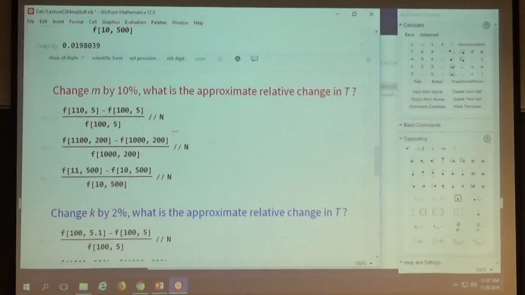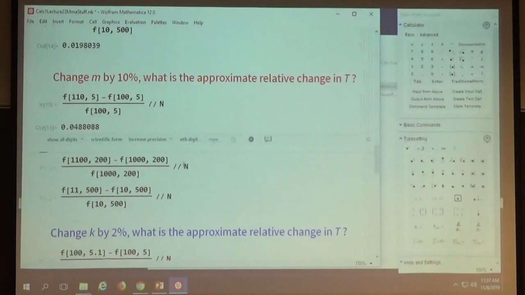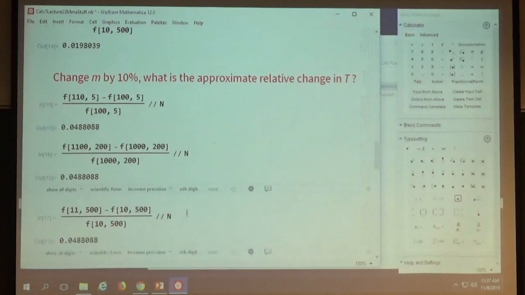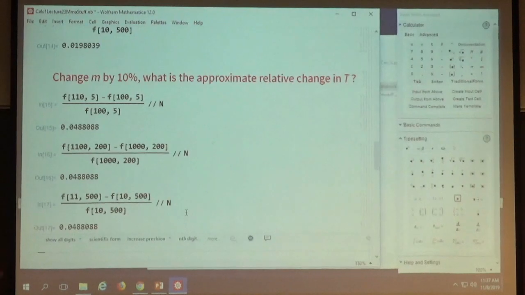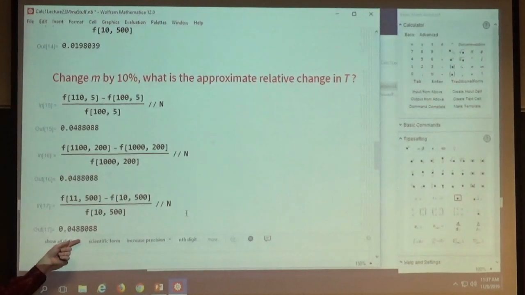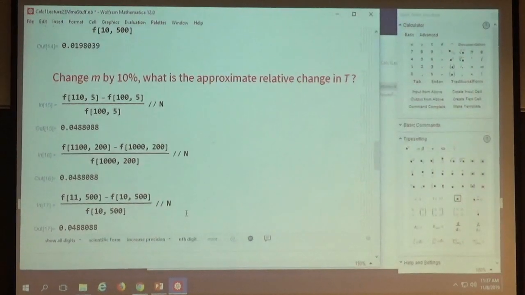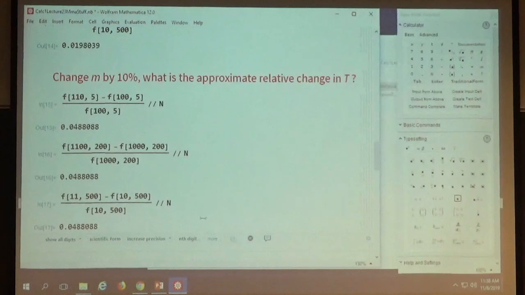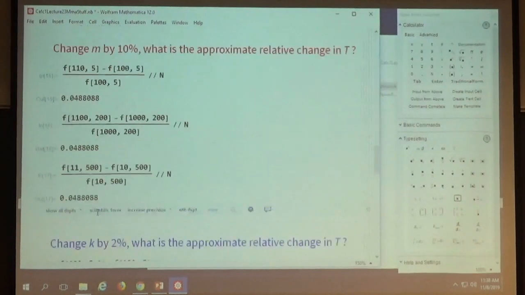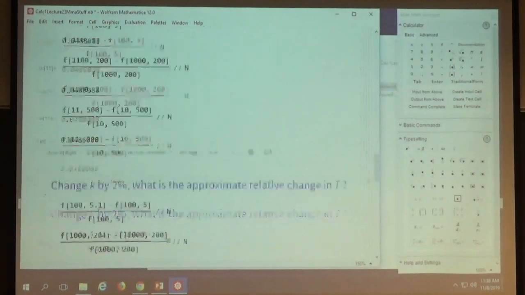These numbers are all the same, close to 5%, excuse me, half of 10%. But it's a little further away from 5% there than the other one was away from 1%. The approximation is not doing as well when the change in m is a bigger percentage.